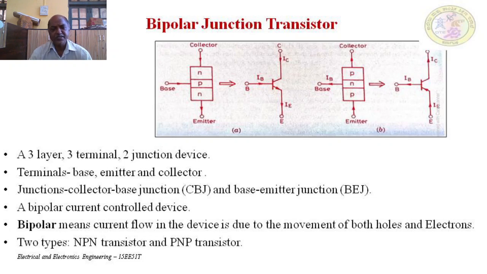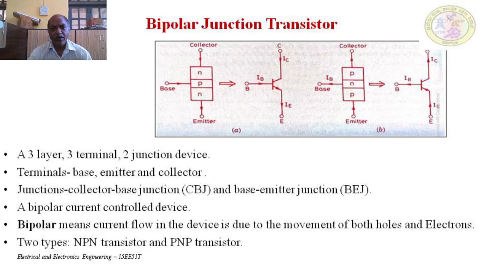The symbols of PNP and NPN transistors are as shown in the figure, and the layer diagram will be as shown. Practically, when fabricating, the collector layer will be larger than the emitter and base, and the base layer will be the smallest among all three layers.